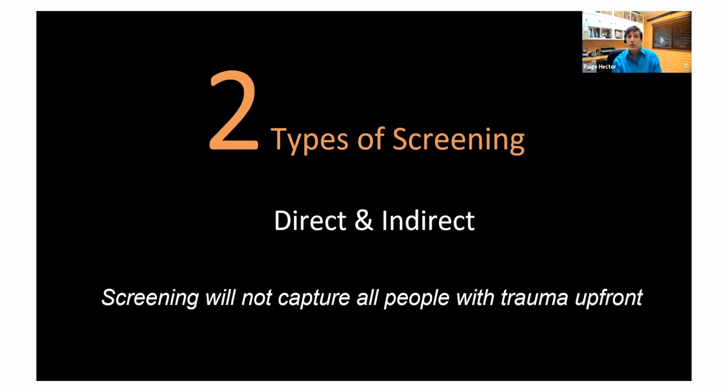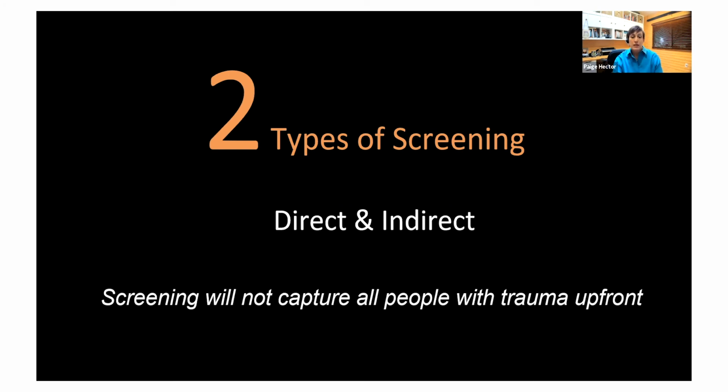There are two types of screening that I want to talk about right now: direct screening and indirect screening. Understand, no matter how we go about screening, we will not capture everyone with trauma up front.